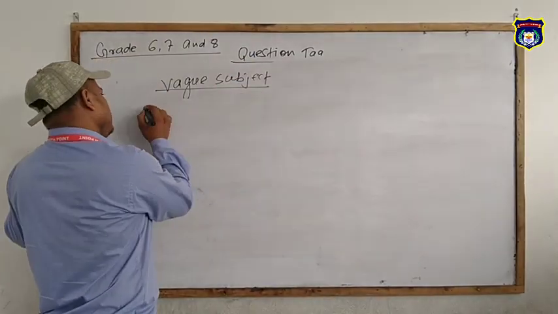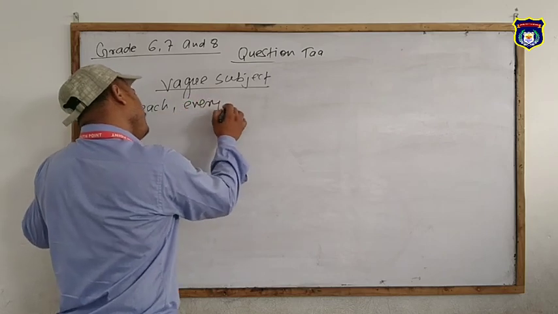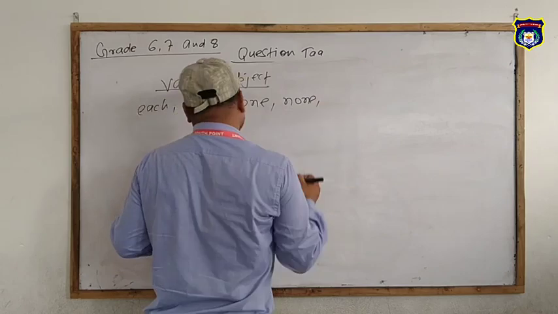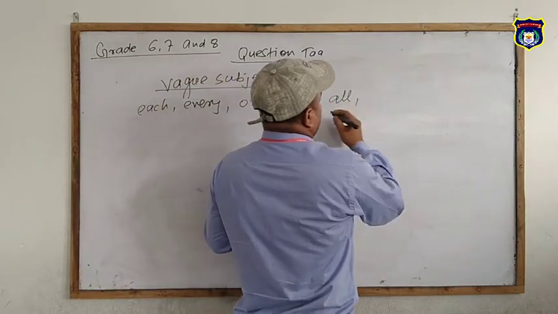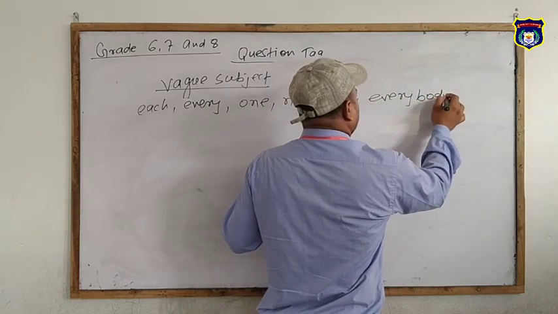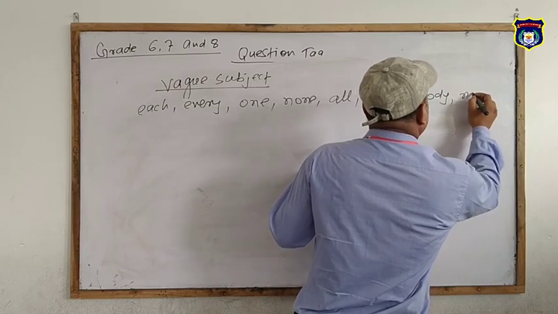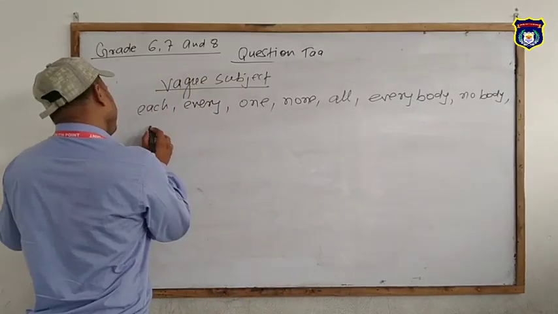Here are the vague subjects: each, every, one, none, all, everybody, nobody, somebody.